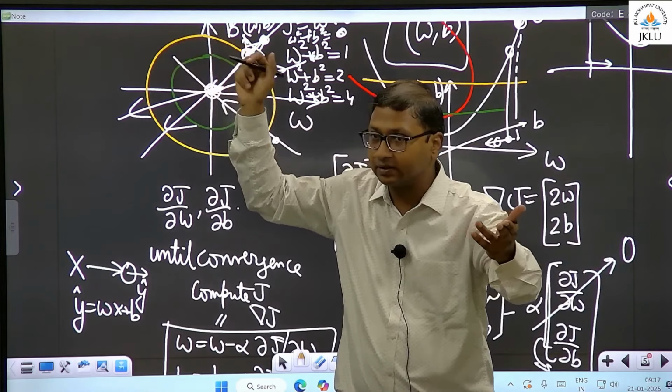Okay? So your alphas have to be small enough. I think this is it for this two variable case.